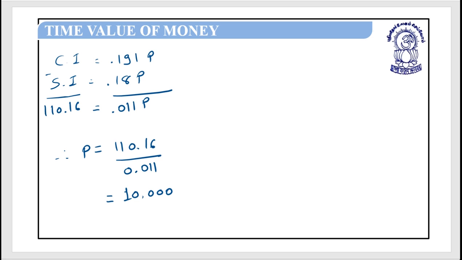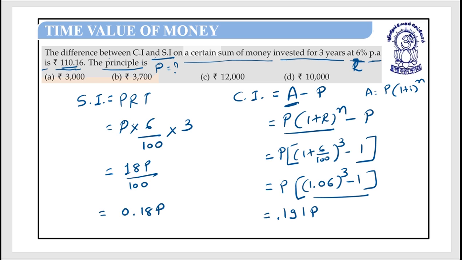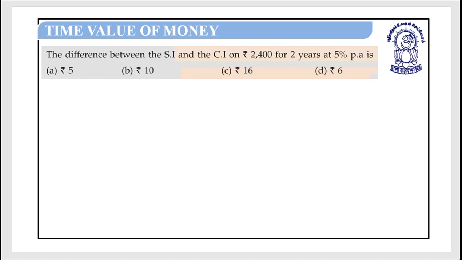So P is equal to 10,000. So answer is D. Now next question.